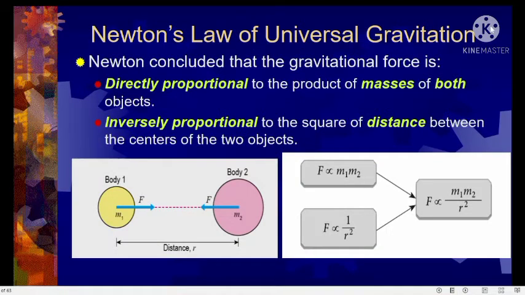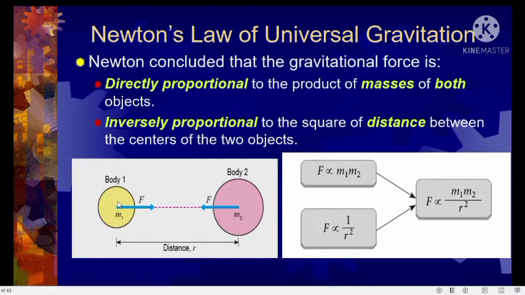Newton's law of universal gravitation, produced by Isaac Newton, concludes that gravitational force is directly proportional to the product of the masses of both objects. And the gravitational force is inversely proportional to the square of the distance between the centers of the two objects.